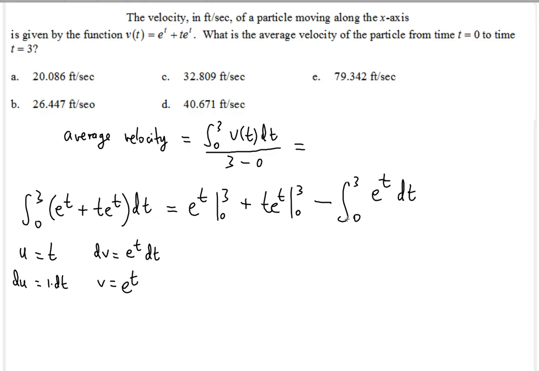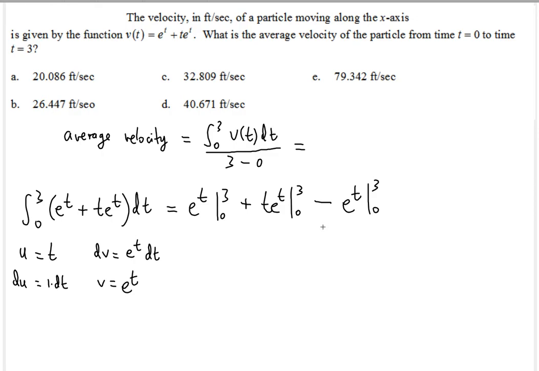So basically, you realize that the antiderivative of this is going to be simply e to the t. So we know it's going to be just e to the t evaluated from 0 to 3, because the antiderivative of this doesn't change. And the minus remains as it was on the left side of it.